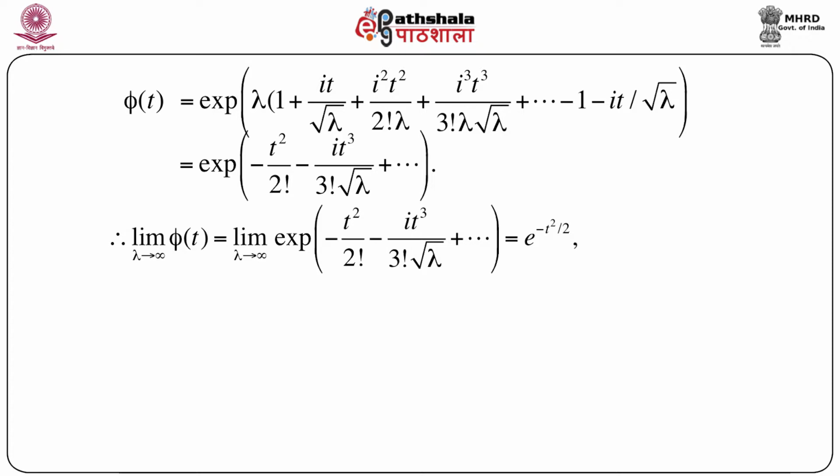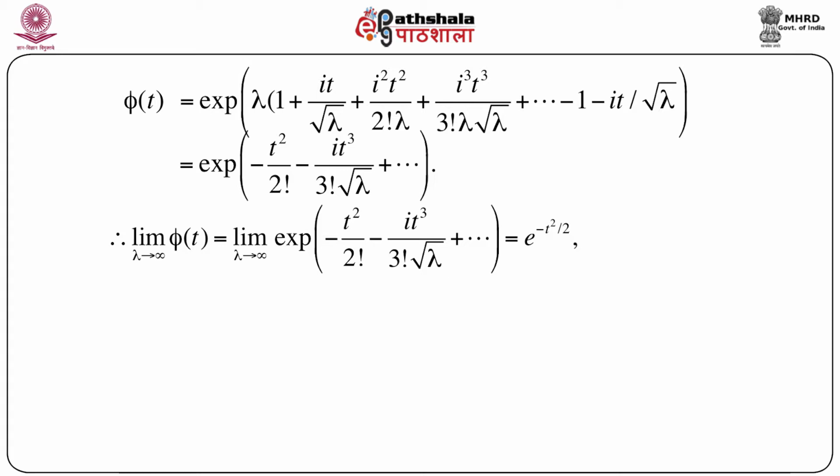Now, what is the meaning of this? Here we are taking the limit as lambda goes to infinity. That means the limit as lambda goes to infinity of phi(t) equals e to the power minus t square by 2, because all the terms which involve some power of lambda in the denominator will vanish.